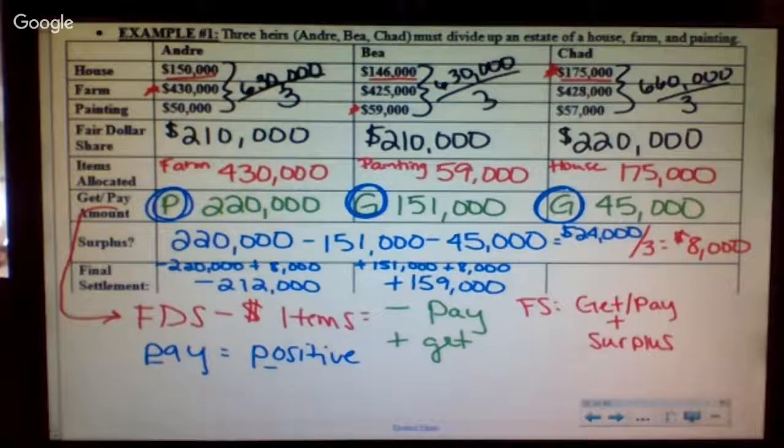No, she got that bread. And then finally, Chad, he's getting 45,000 plus the 8,000 from the surplus. So he's getting $53,000 in cash on top of his house. Dang, so we got a house and $52,000.